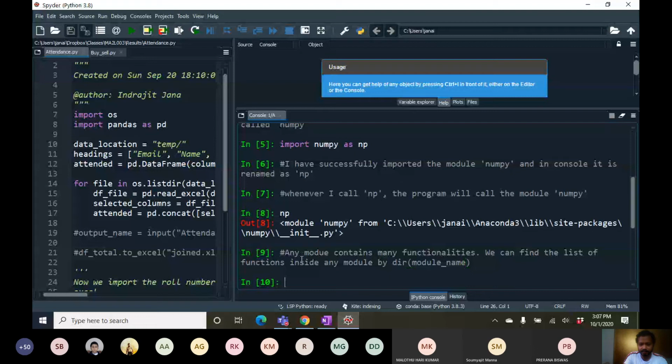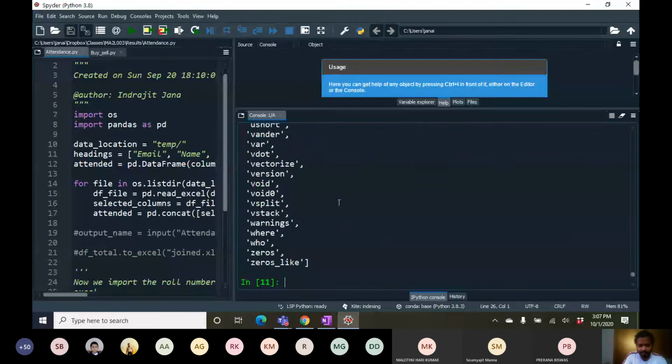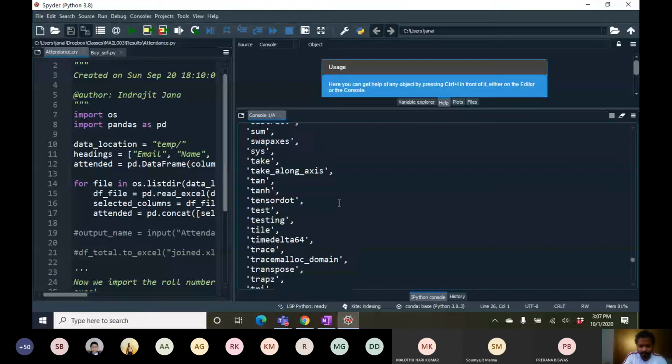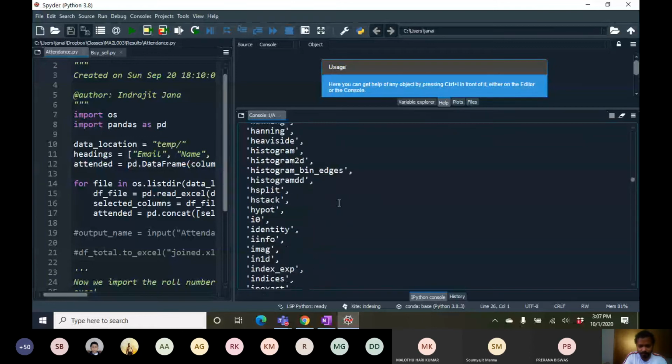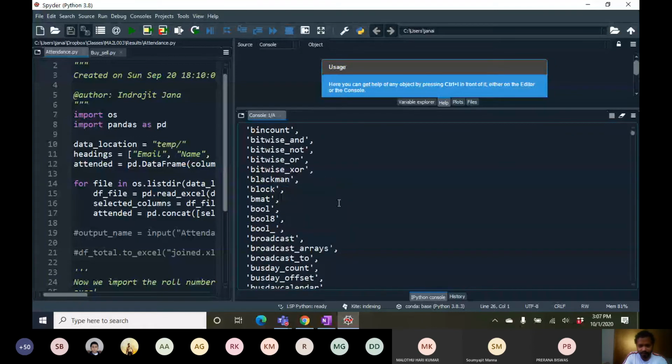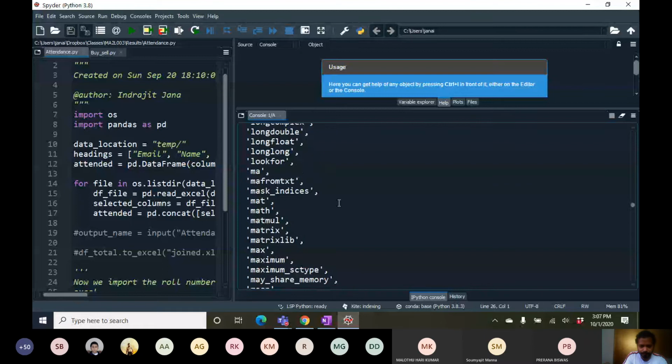For example, if I type dir of numpy, which is np now, I will see it contains a lot of functionalities. Obviously, we are not going to need all of that.